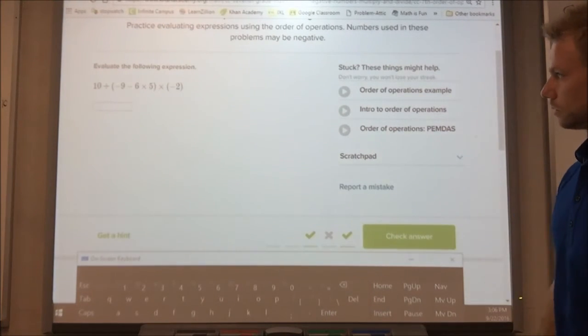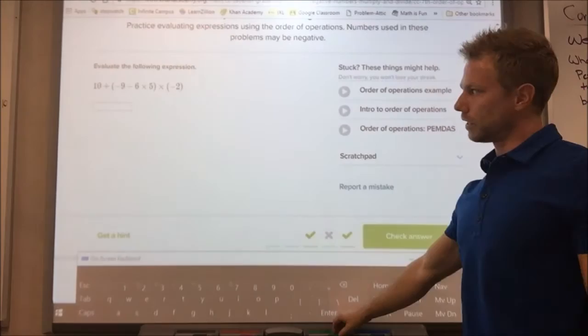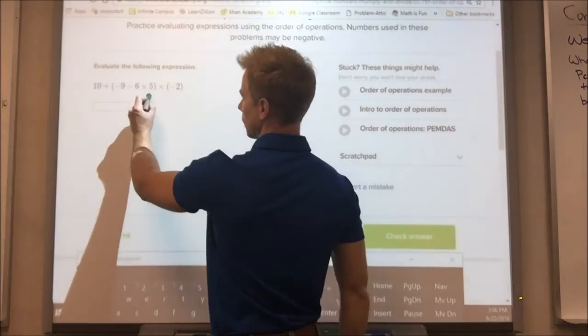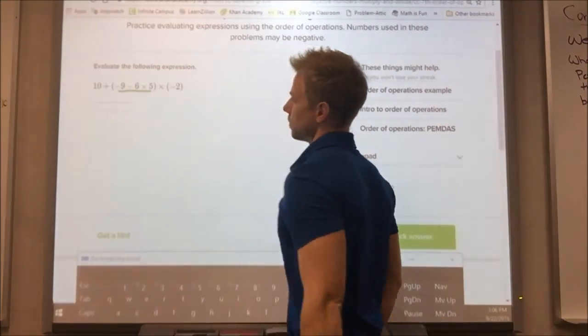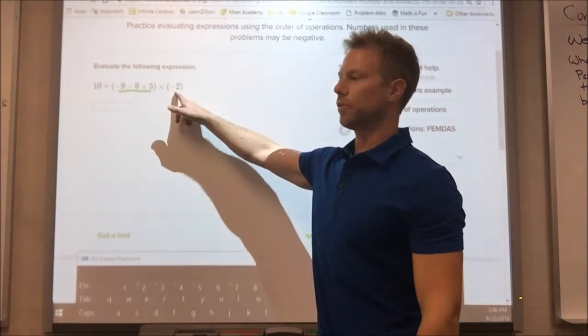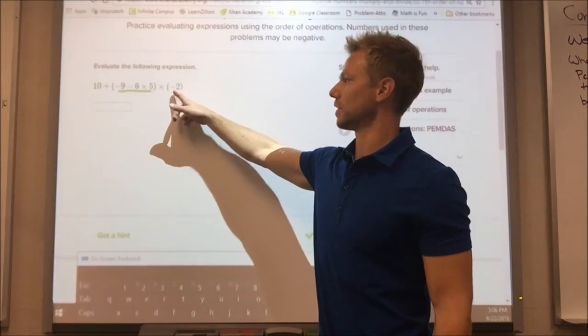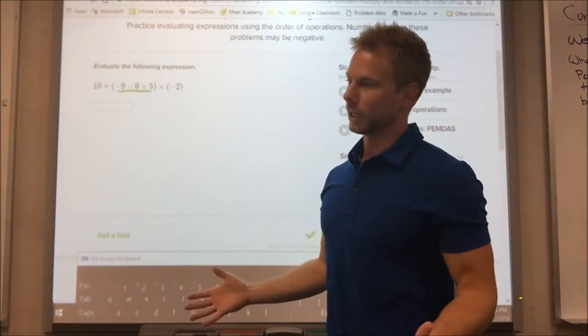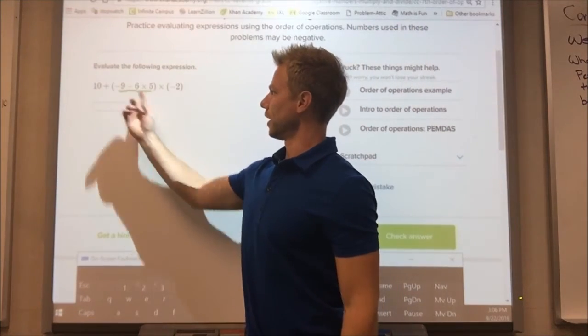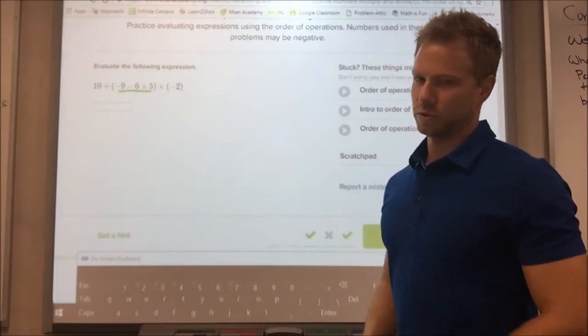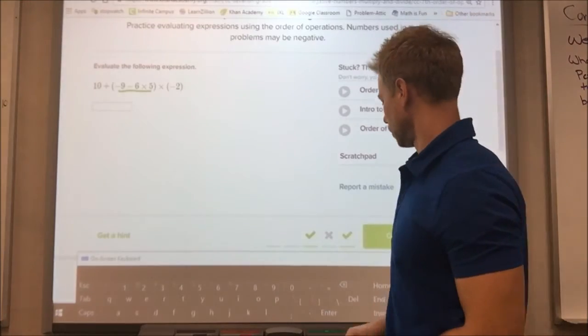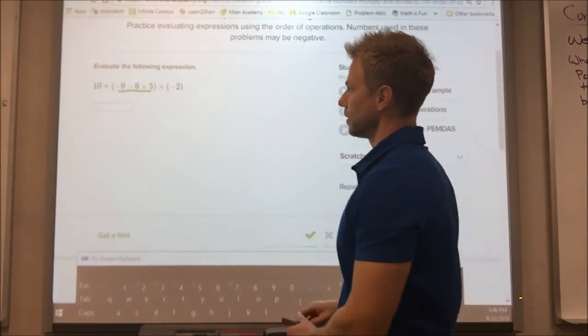Next question. Okay, again, order of operations, we have to start with what's inside the parentheses. Here's another set of parentheses, but there's only one number inside of it. So there's nothing we can do there. But here, we have to do some subtracting and some multiplying. So we're going to start inside our parentheses.